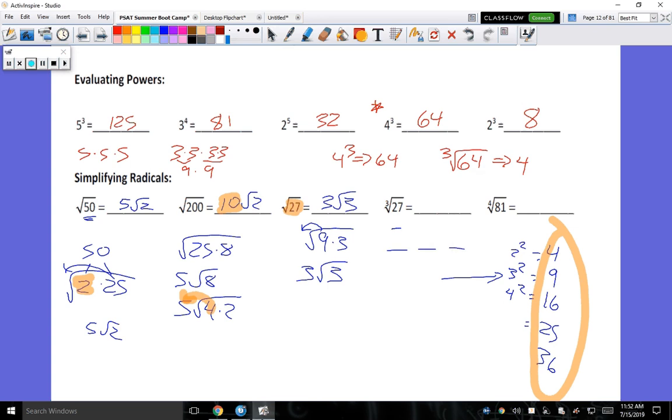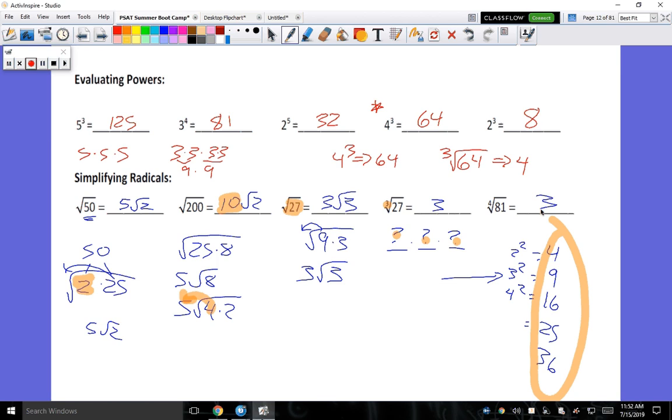Because it's asking what number times itself, this is for people who don't know, 3 times, what number would it be that would satisfy to get me 27? It would be 3. Okay? And then what's the 4th root of 81? 3 as well. Let me mix it up a little bit.